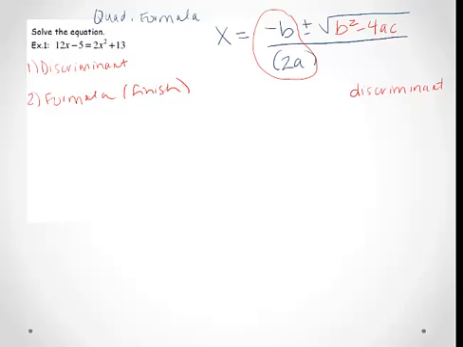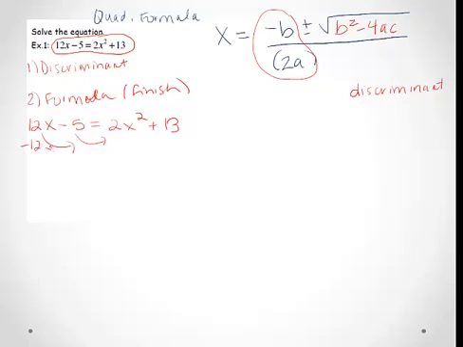But before we can do anything like that, you need to make sure that this is in standard form. In standard form, it means everything's on one side. So let's take a look at this. It's always easier on you if your square term is positive. So we're going to bring both of these to this side. And to do that, we have to negate them.